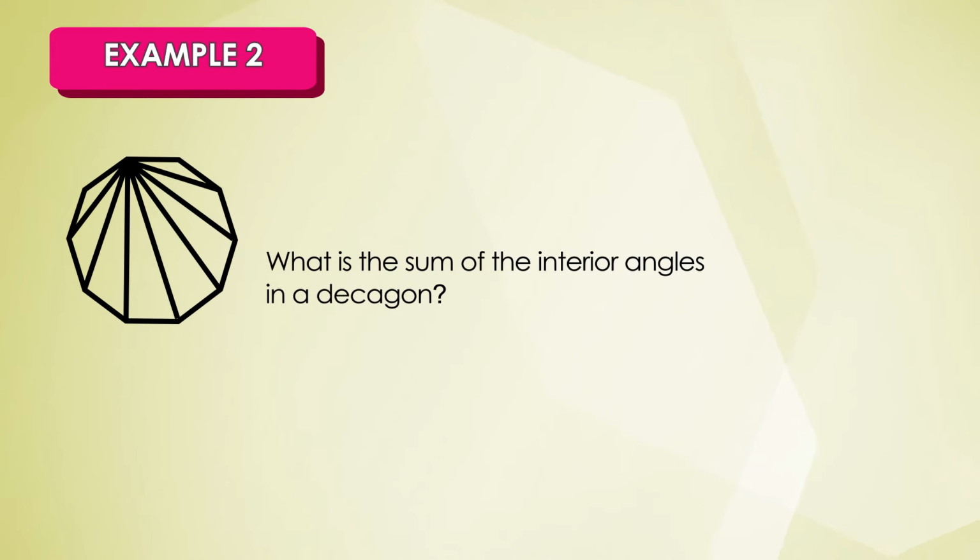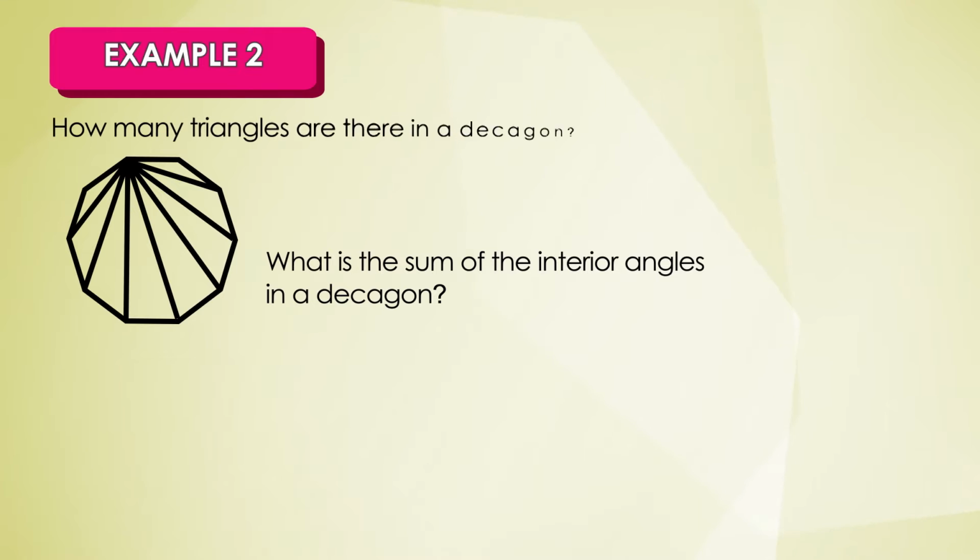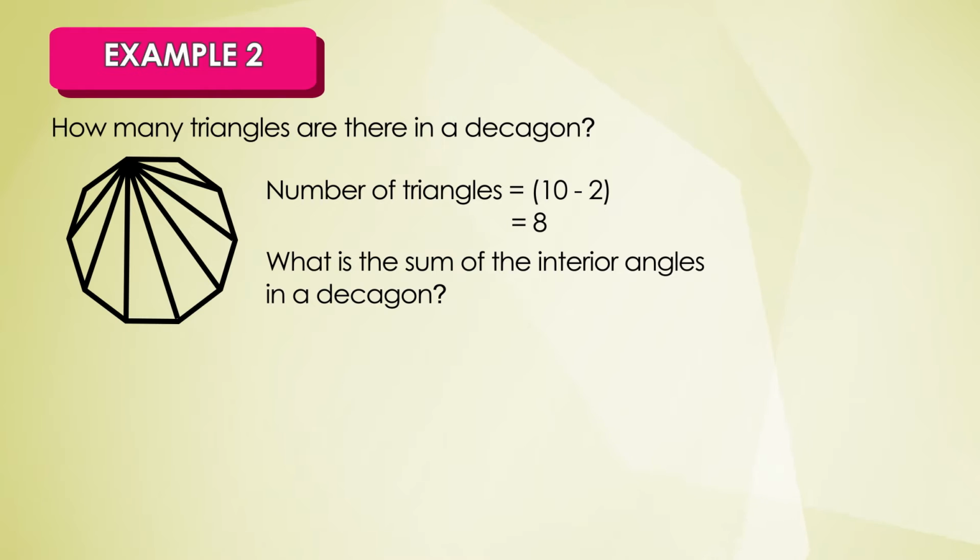Another example. A decagon is shown on the screen. What is the sum of the interior angles of the polygon? Yes! Well done, girls and boys. Let's do it together now. How many triangles are there in a decagon? 8. That's right. The number of sides in the decagon is 10.